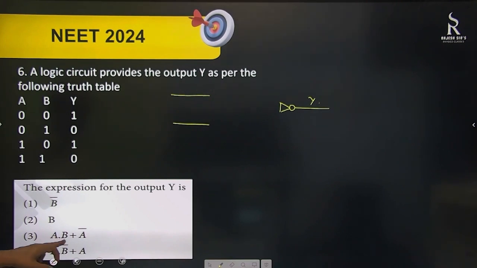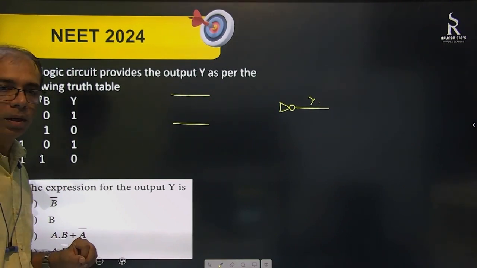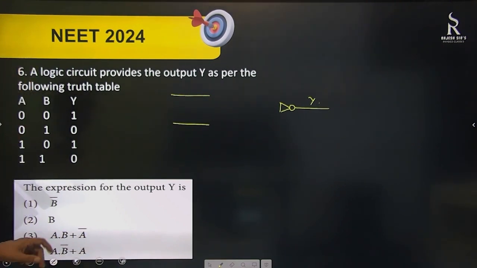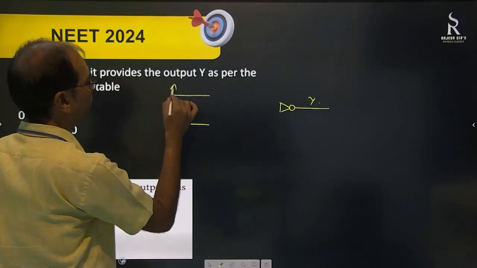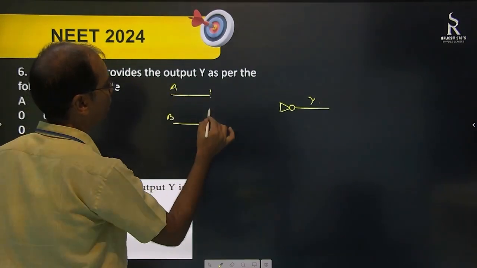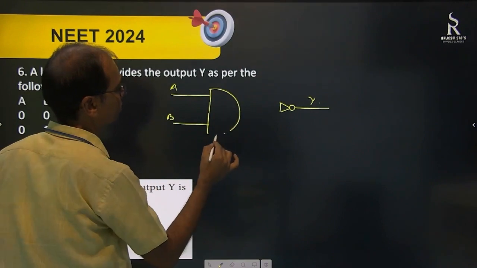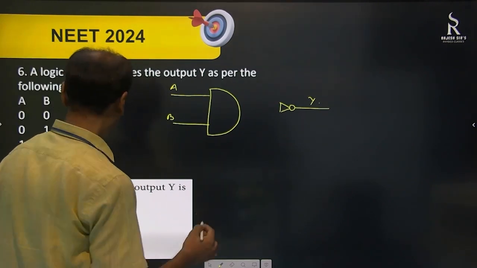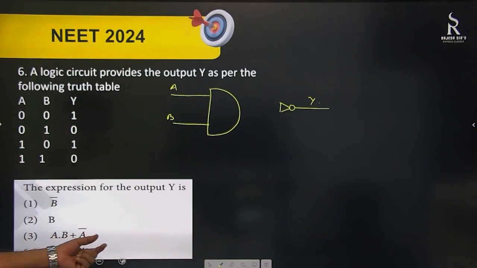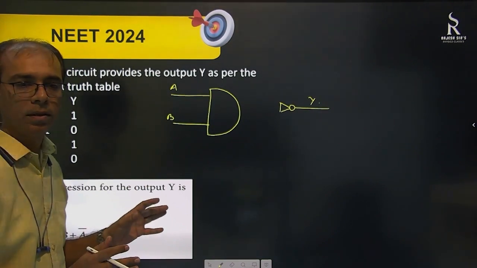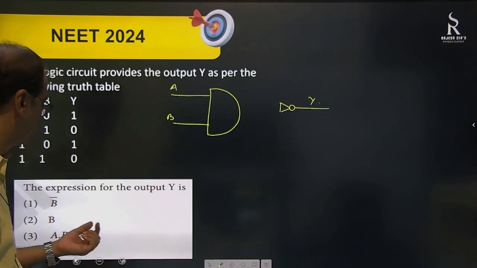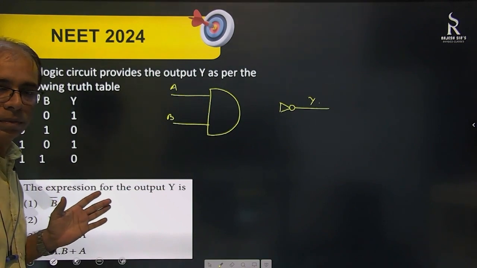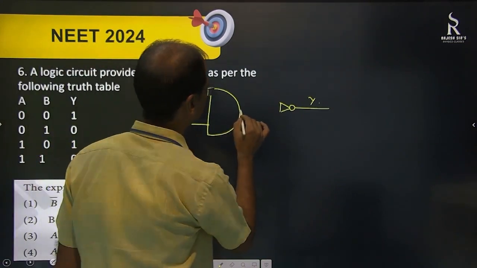A dot B. Now, A dot B means he's saying AND. So let's check. This is A, this is B, and there is an AND gate. Then plus A inverse. Plus means an OR gate is in that. So from here one output is coming.